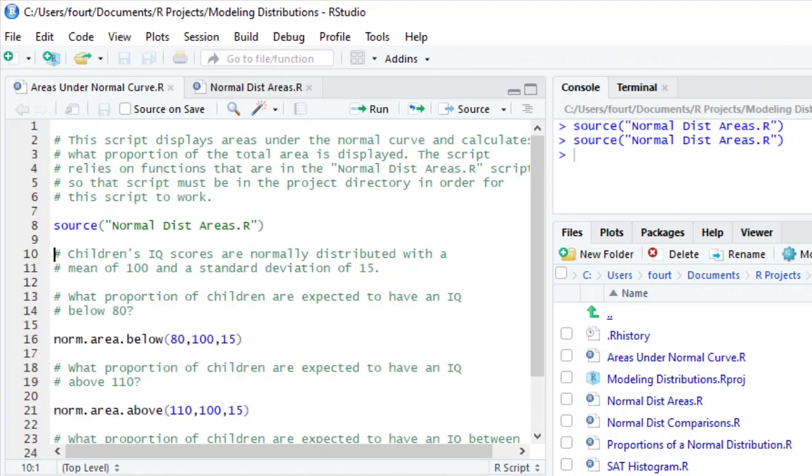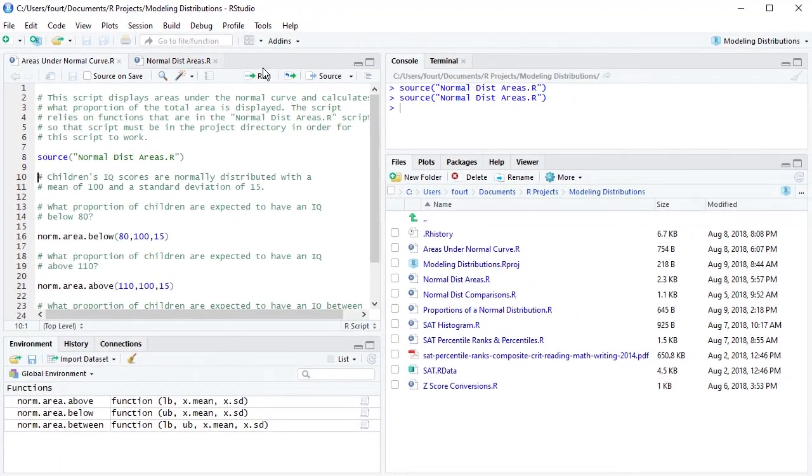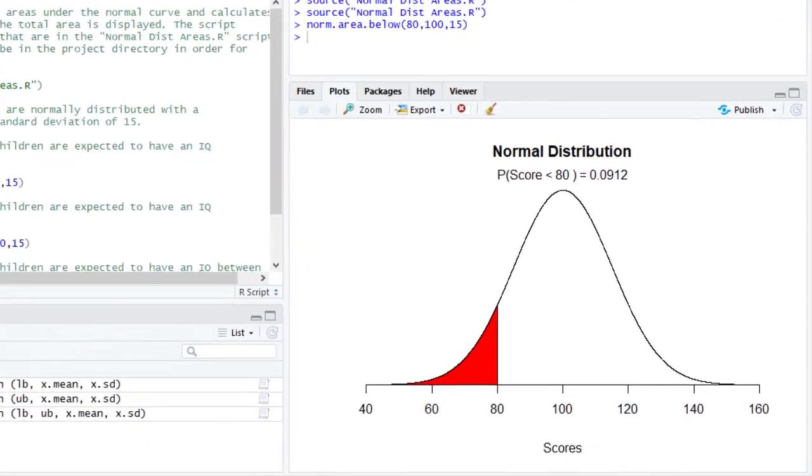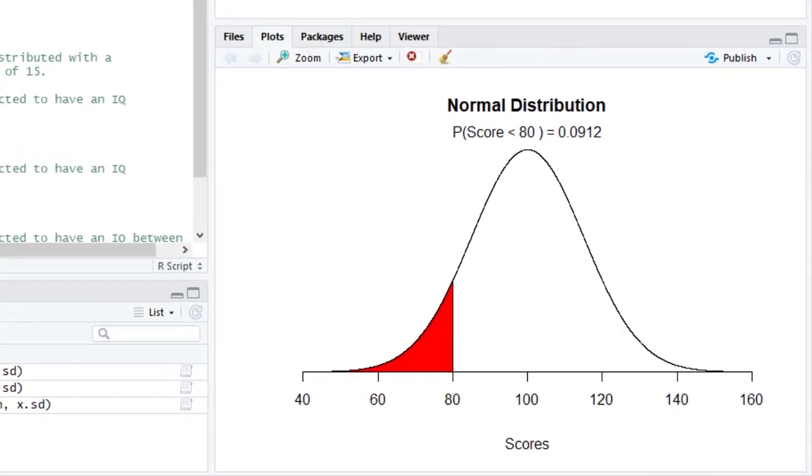I'm going to run this. That's the picture I was hoping for. I have shaded in the area under the normal curve that is below 80. I've also calculated the area proportion and have displayed that at the top of the graph. The proportion of scores that are less than 80 is about 0.09.